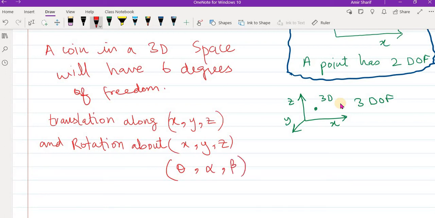So the total degrees of freedom will be x, y, z, theta, alpha and beta, where theta is the rotation about the z-axis, alpha is the rotation about the x-axis and beta is the rotation about the y-axis.